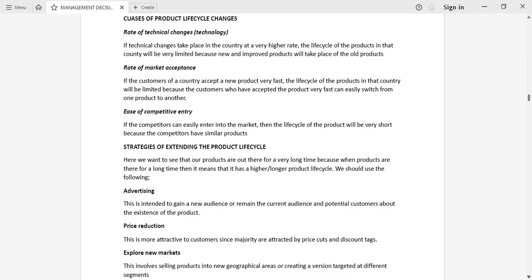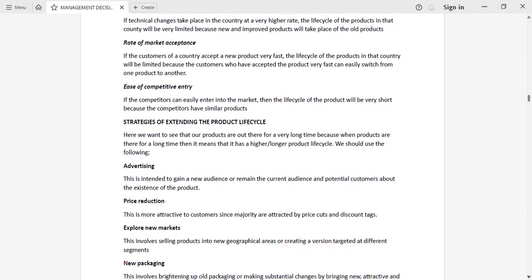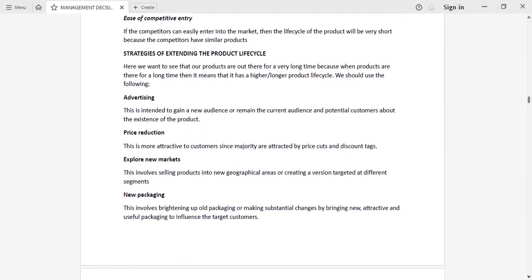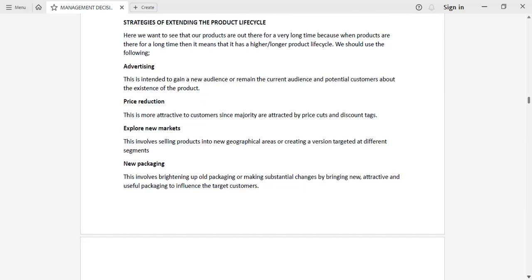These are some of the strategies we can use to make sure a company at the growth stage can advance to the next stage, or a company at the maturity stage can stay at that point for a long period of time before declining.